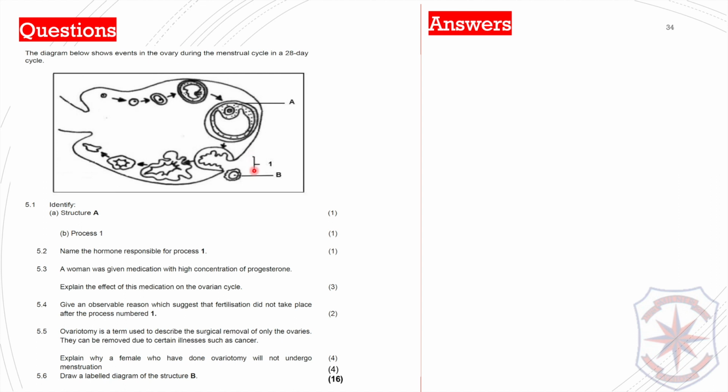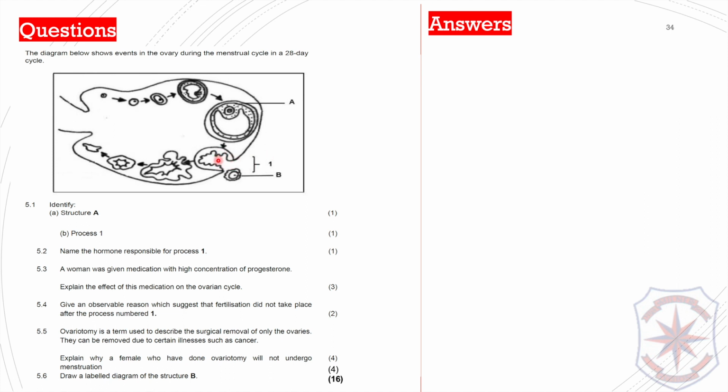So 1 is a period where the Graafian follicle ruptures to release structure B, which is an ovum, and that period we know as ovulation. It happens at day 14. Now, what stimulates ovulation is LH, if you can remember.